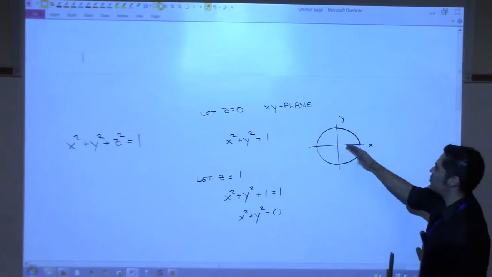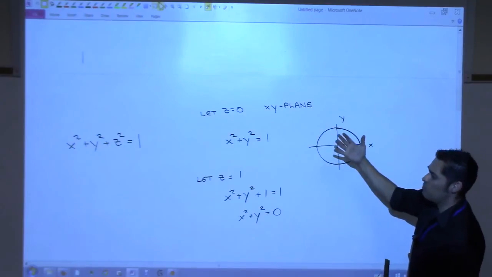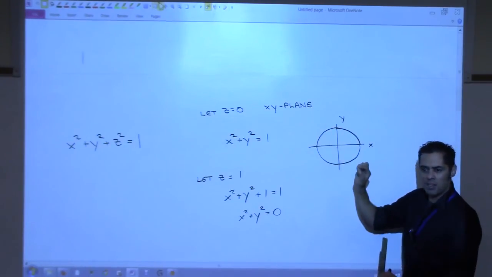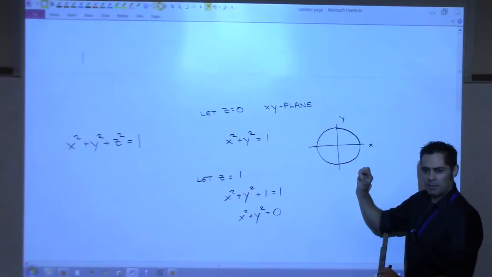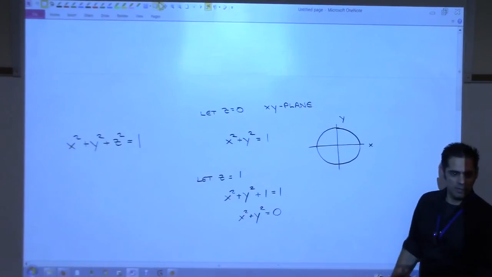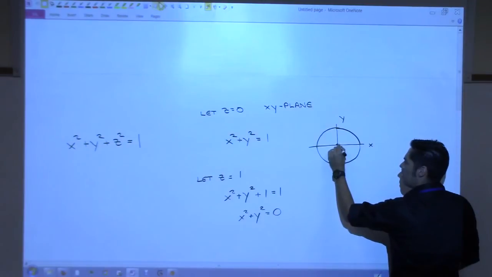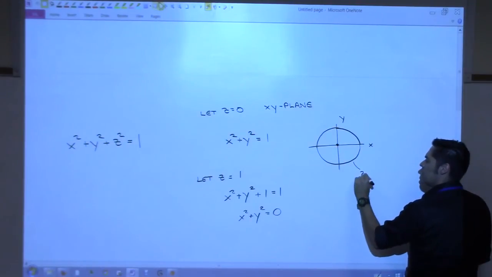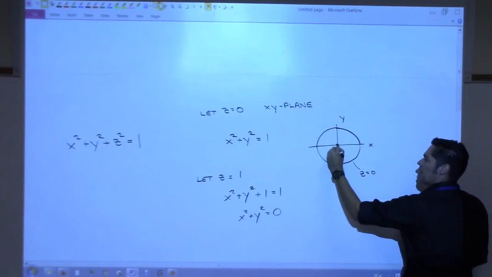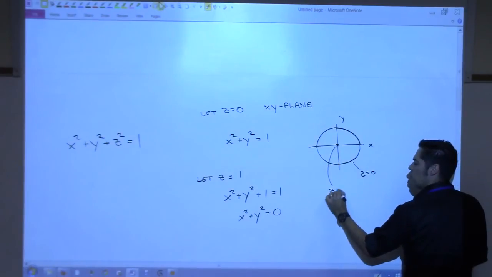So if I were to look at this picture and come up 1 unit out towards us, I'm going to be at a single point. Do y'all see that? So I'm going to have a point here. This corresponds to z equals 0, doesn't it? This point, looking from the top down, is z is 1.